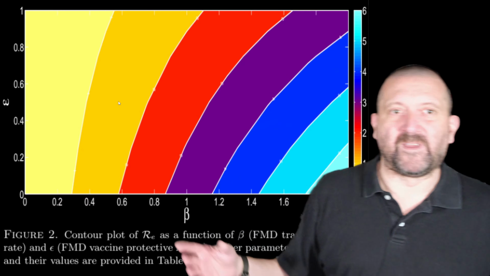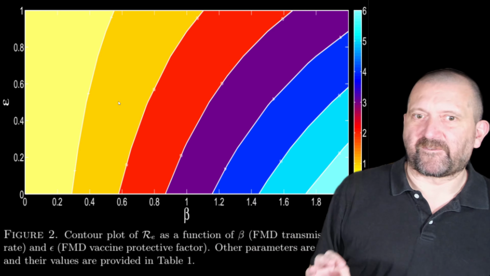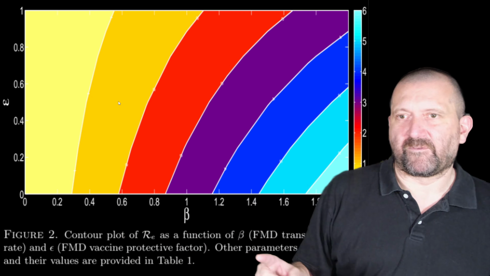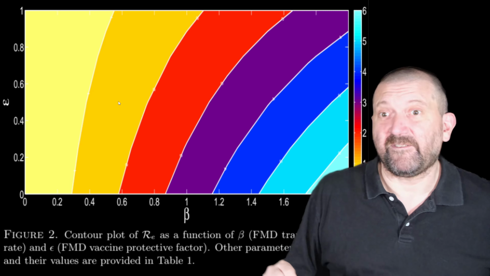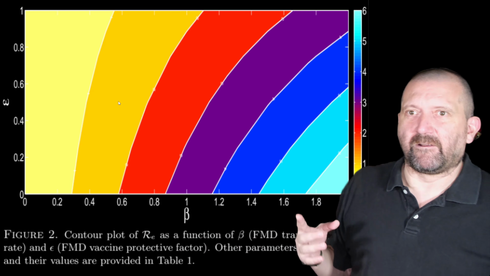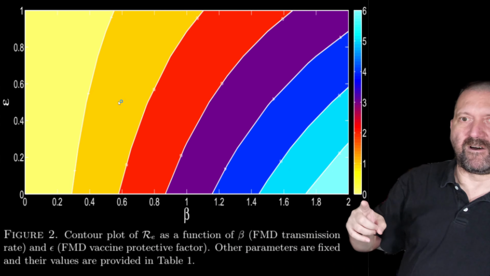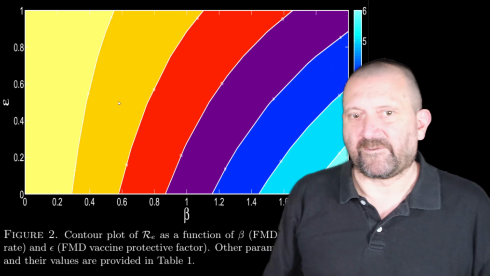And what they can do is they look in terms of beta, which is the transmission parameter, and epsilon, which is the protective factor of the vaccine, sorry, and they get a scheme showing you what the value of RC is as a function of those two parameters.